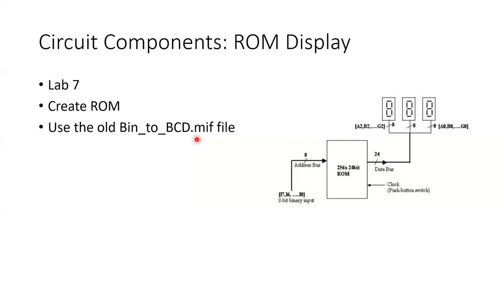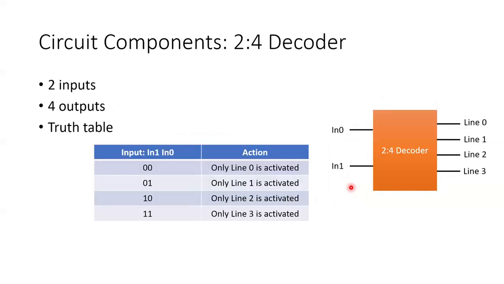All you have to do is copy paste it from lab 7 folder to your lab 9 folder, and add this ROM, and make sure you specify the parameters properly the way you did in lab 7. If you remember, you also did that in lab 8, so I guess you have a good practice of doing that by now.